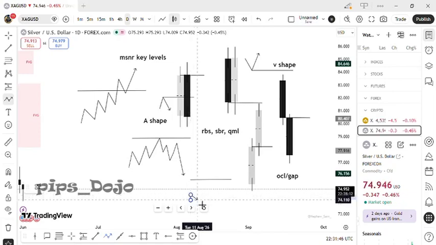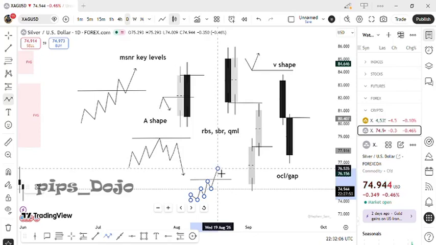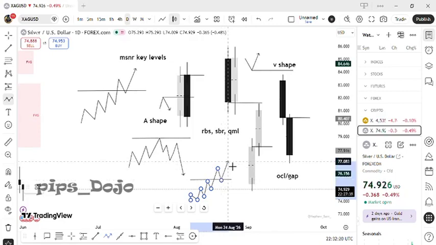So an RBS means a resistance, which was initially a psychological level, fails to hold price, fails to reject the price. Instead, price breaks through it. Now, price breaking through it doesn't automatically mean the level disappears. What it's simply saying is the level that was initially the resistance now becomes the support. It still holds price, but now in the continuing direction. So that is simply what the RBS means.